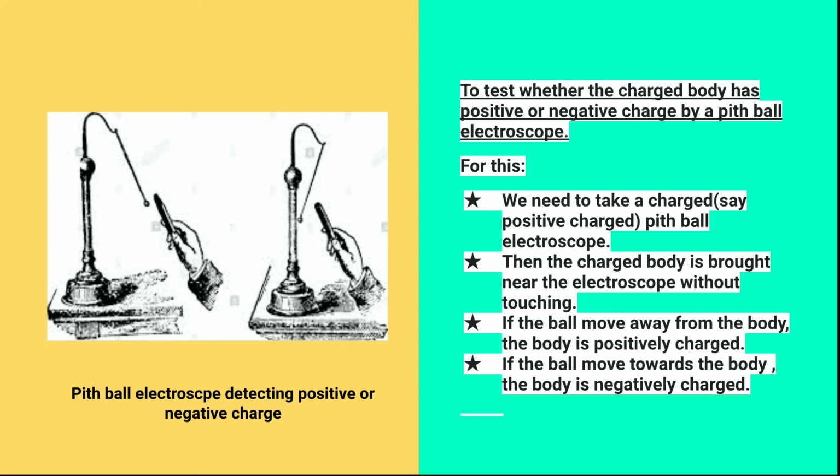If the ball moves away from the body, then the body is positively charged because same charges will repel each other. So the ball will move away from the body. But if the ball moves towards the body, then the body is negatively charged because unlike charges will attract each other. So I'll stop here.